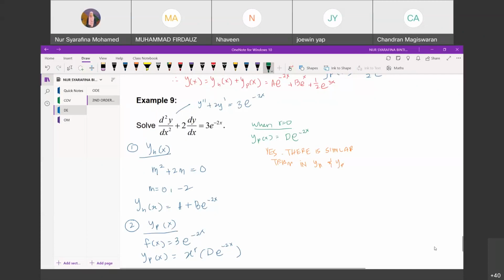So what's next? Let's choose r equals 1. When r equals 1, your YP becomes x d e to the power of minus 2x. Is there any similar term?